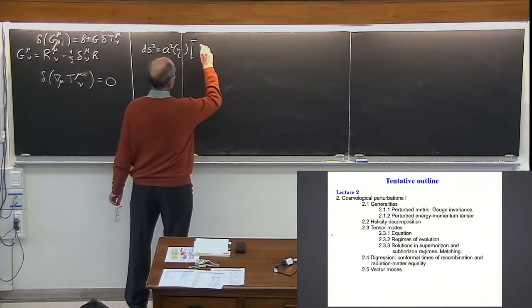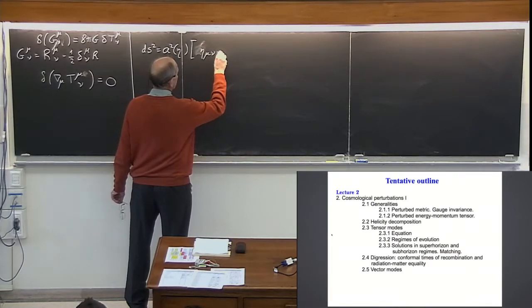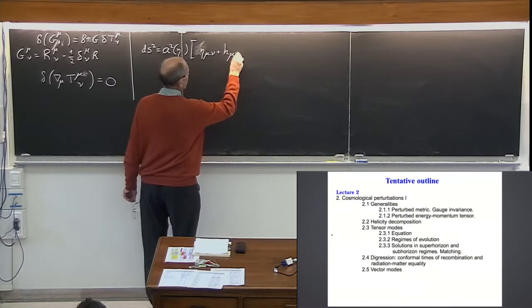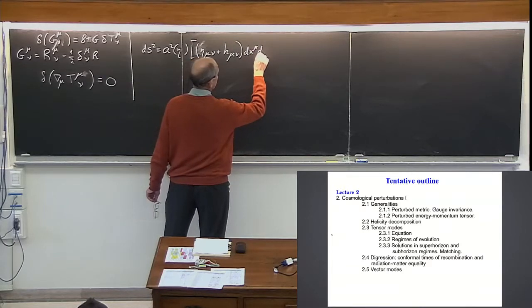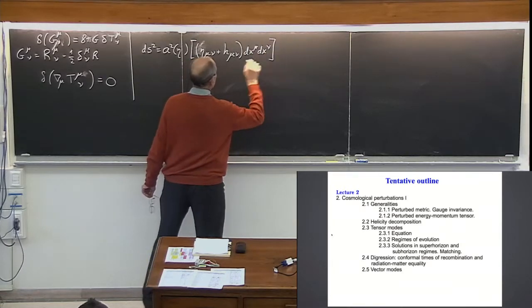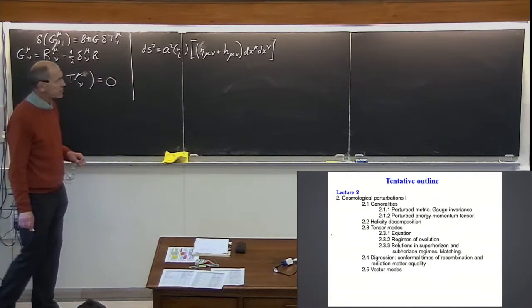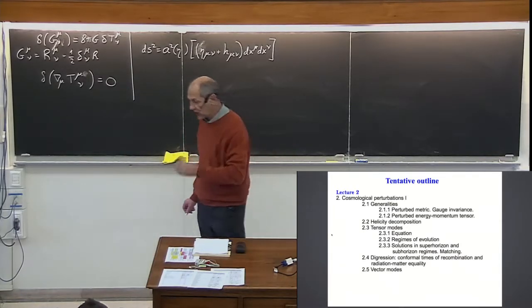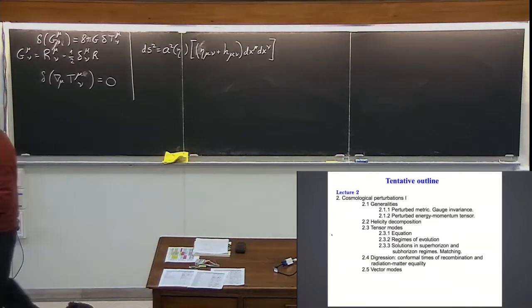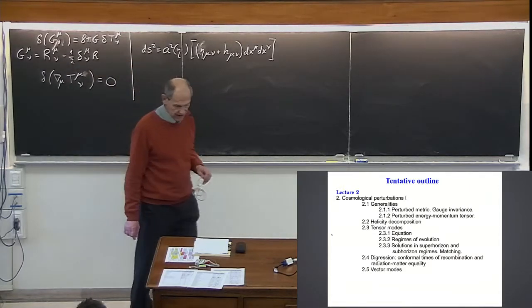So here we have a squared times eta mu nu plus h mu nu dx mu dx nu. So our h mu nu is the perturbation about the homogeneous and isotropic background, okay? Now, one thing to notice is that there is, of course, gauge invariance of general relativity, so that this h mu nu is not a gauge invariant quantity, okay?